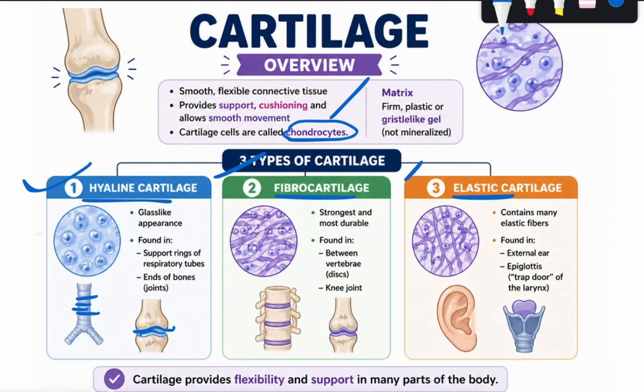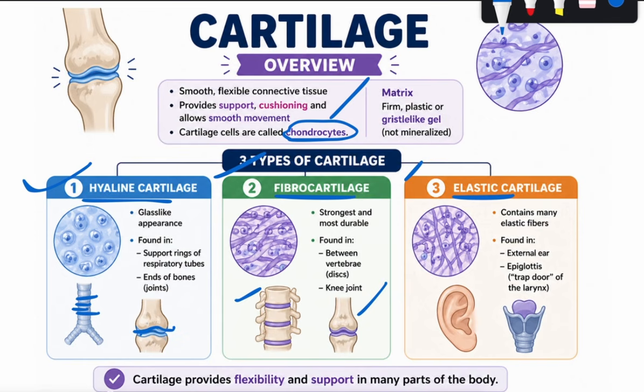This is the most common one. And then we have fibrocartilage. This is the strongest and acts as a shock absorber, especially in the joints. The fibro one is mostly in the vertebrae and discs, and the knee joint has fibrocartilage.